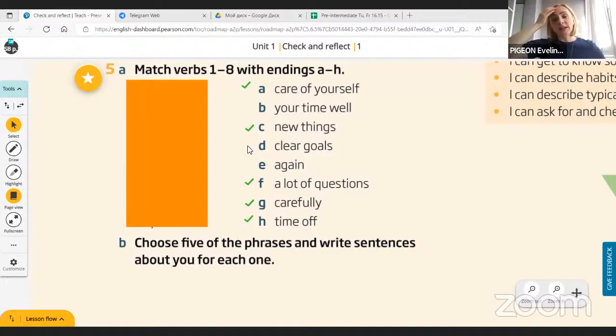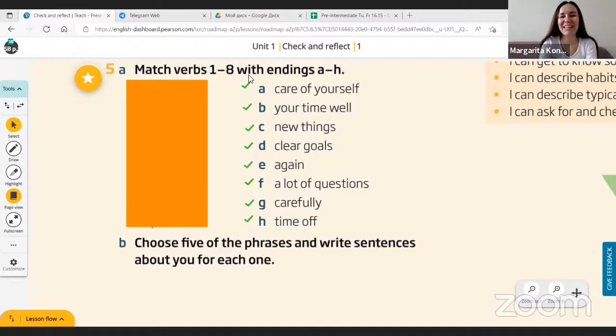Clear goals. Have clear goals. Very good. Okay. Your time well. Plan your time well. Very good. Again. Start again. You're perfect.